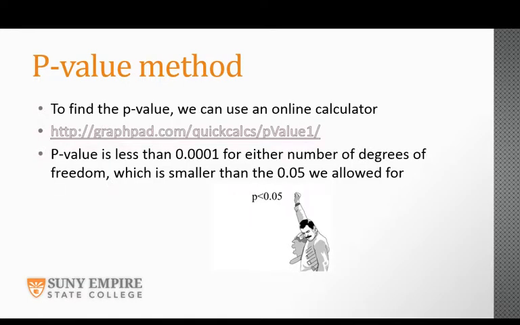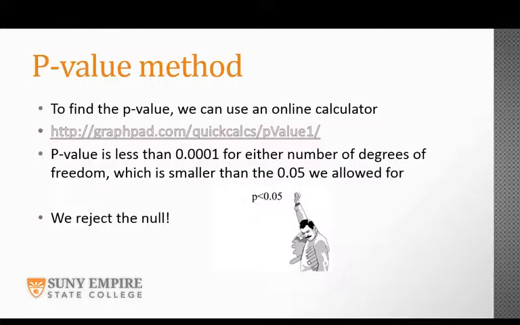Inserting our information for either 33 or 27 degrees of freedom, we find that our p-value is less than 1/10,000th, which is much less than the allowable 0.05 allowable with 95% confidence. As with the critical t-value method, we have ample evidence to reject the null hypothesis.